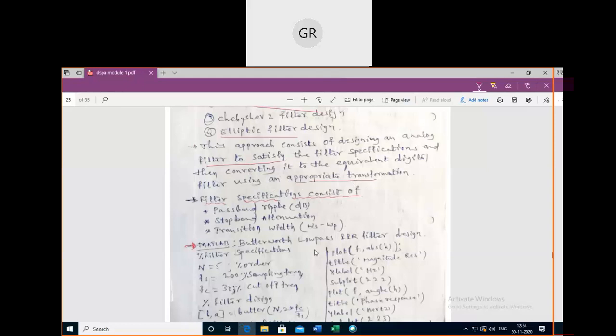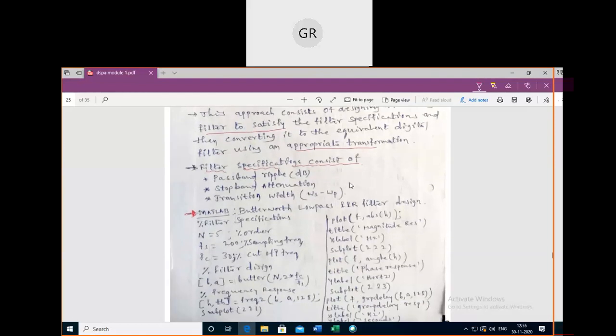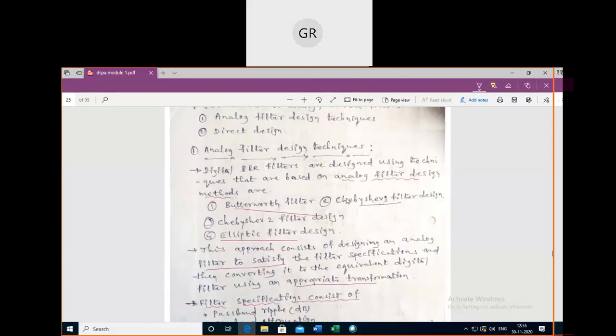You can transform the analog filter design prototype to a digital filter by substituting some values. Filter specification consists of passband ripple, stopband attenuation, and the transition width, and also stopband frequency and passband frequency. Please go through this.